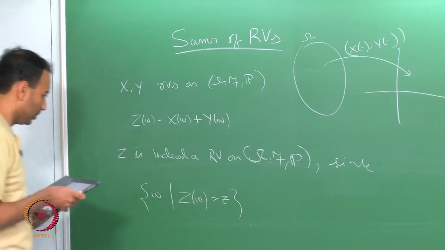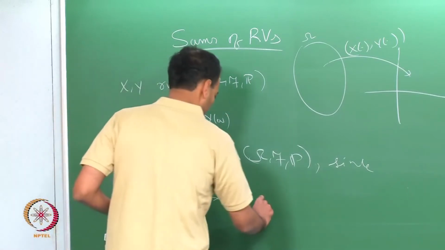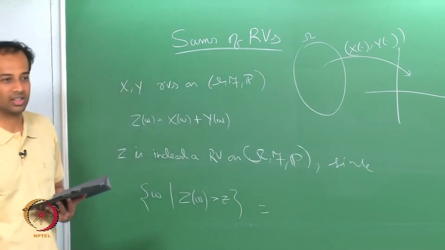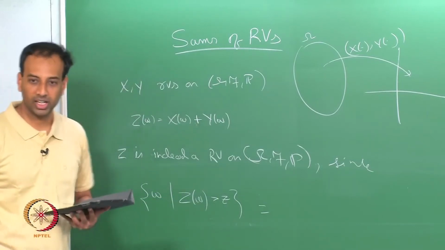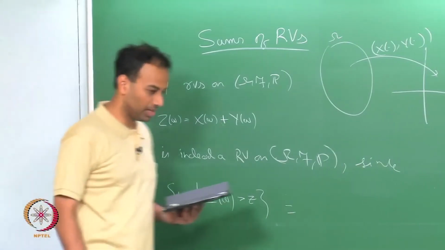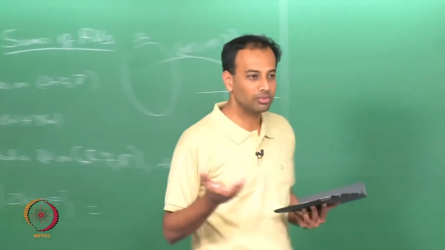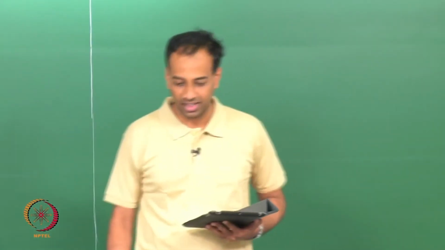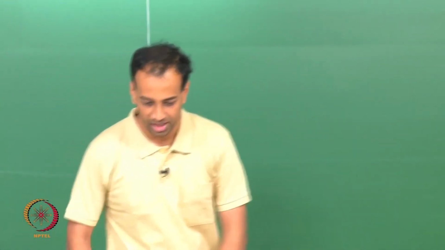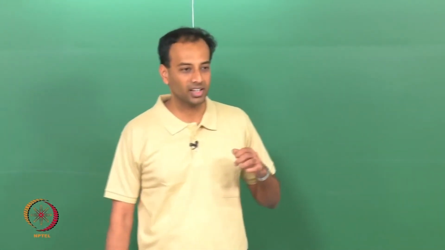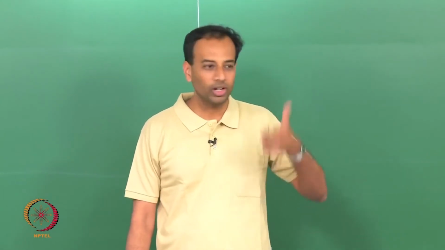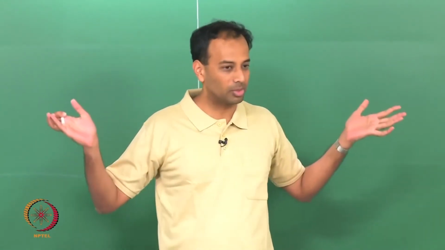So, what I can do is use the fact that rational numbers are a dense countable subset of R. Do you know what a dense subset means? A dense subset of a metric space is a subset such that the set of limit points of that set is the whole space itself.